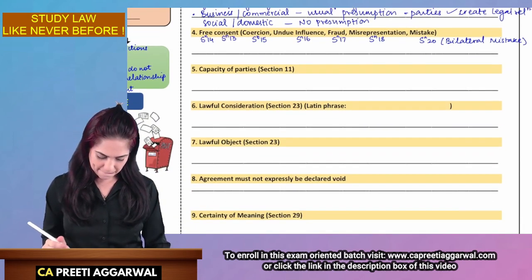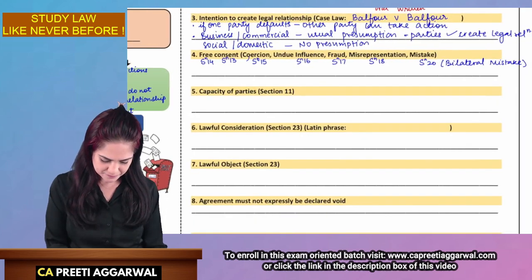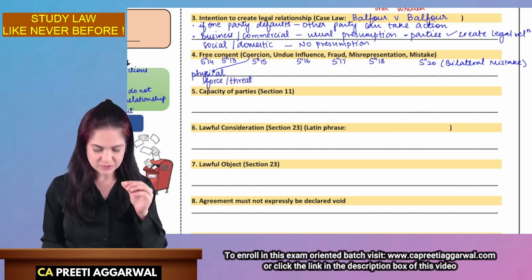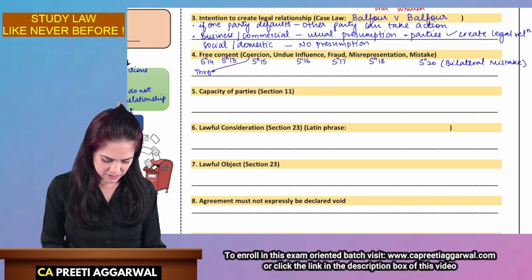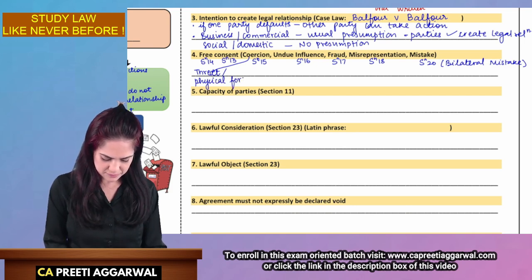Now, in case of coercion, what are my keywords? There is either threat or physical force.